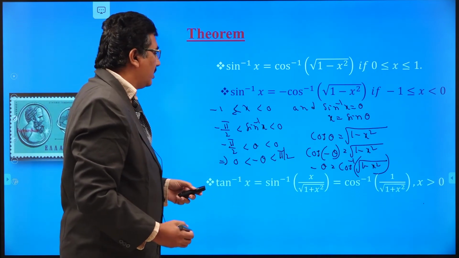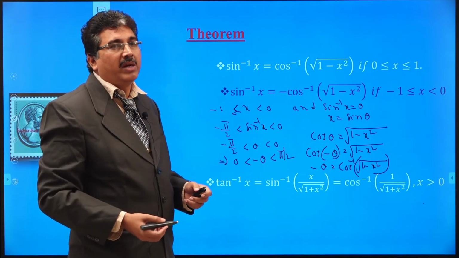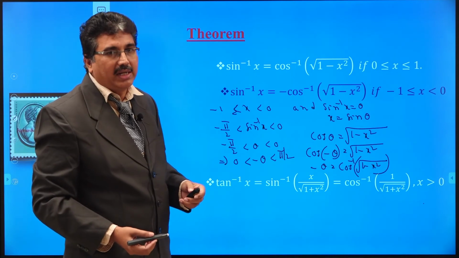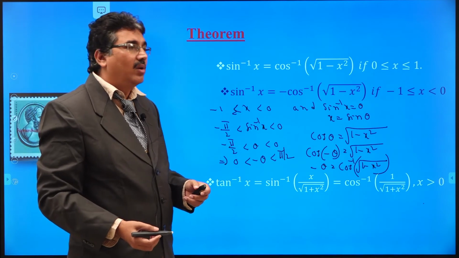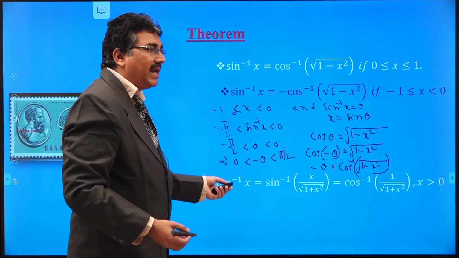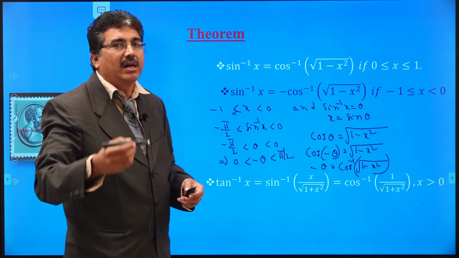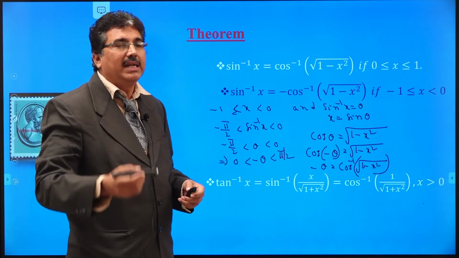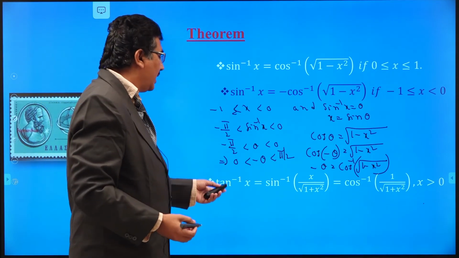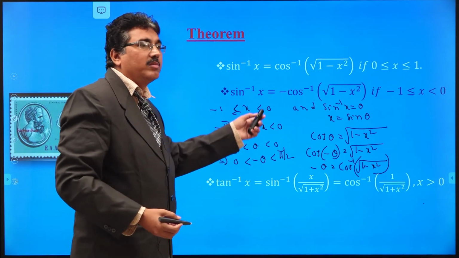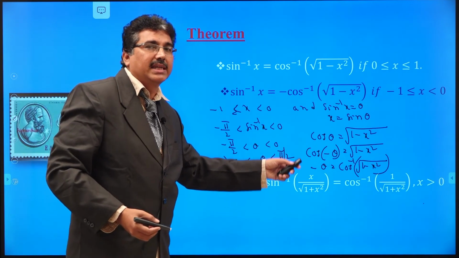Now, tan inverse x. In trigonometry, tan theta is equal to sin theta by cos theta. How to write tan inverse x in terms of sin inverse and in terms of cos inverse?